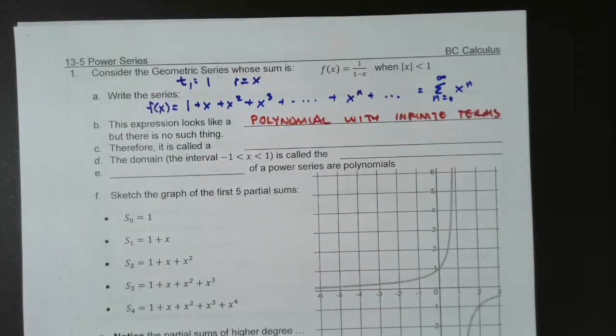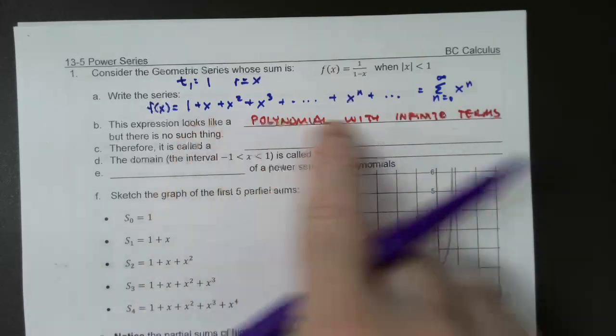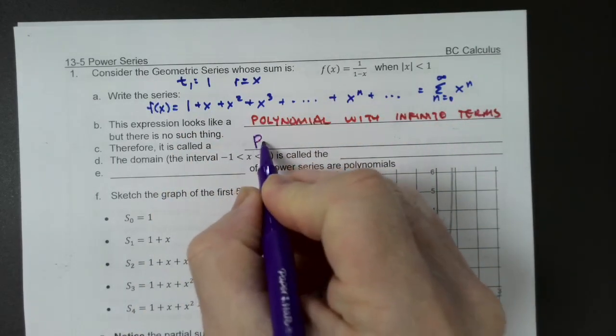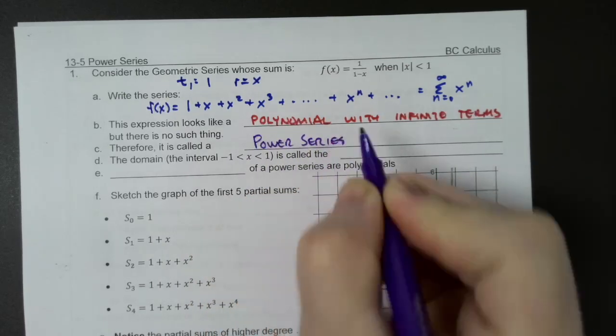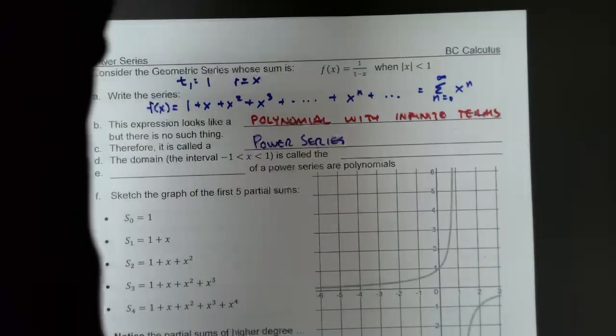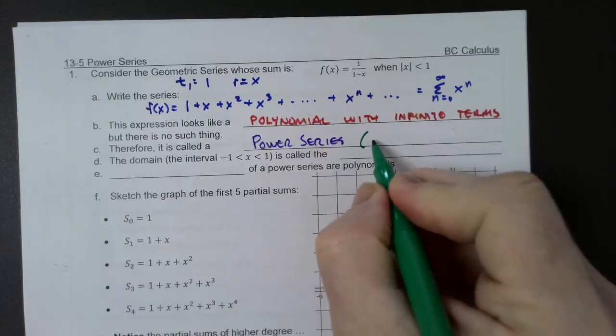It has to have a certain degree to it. So we call this thing that goes on forever and ever with x's to an infinite power a power series. Or you could say it like this: it's a series of powers of x.